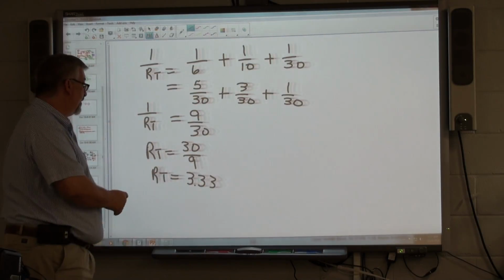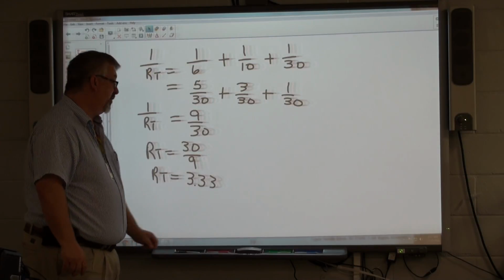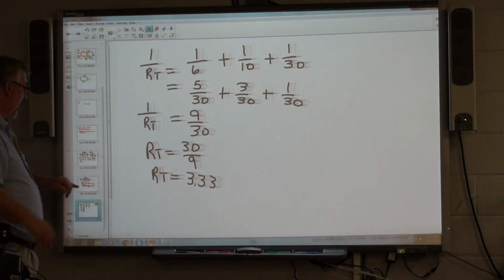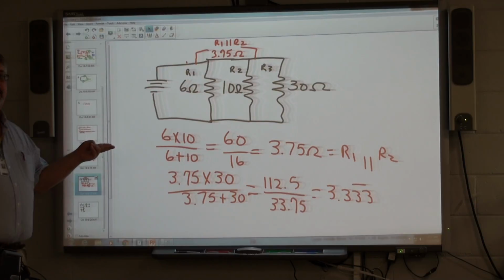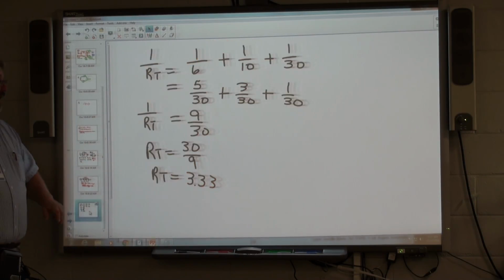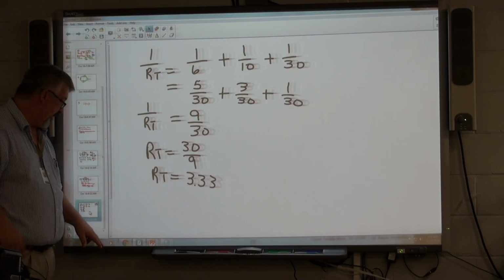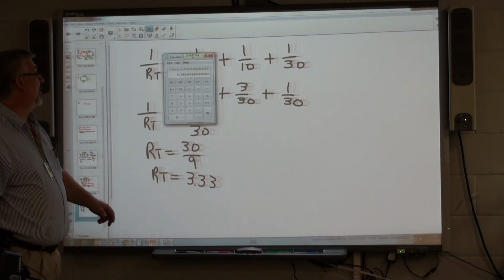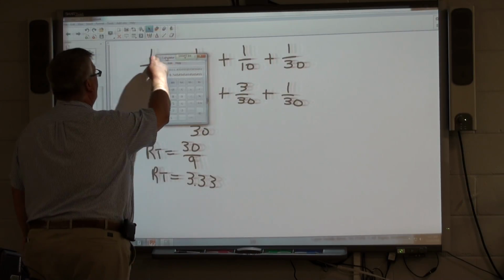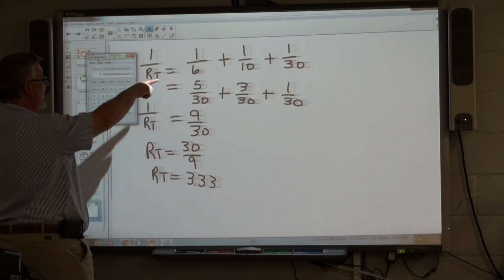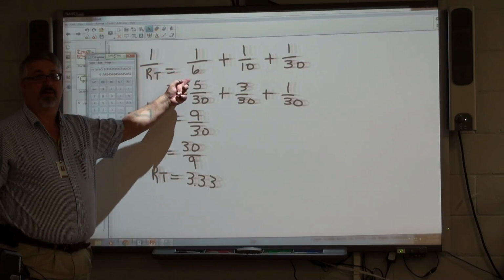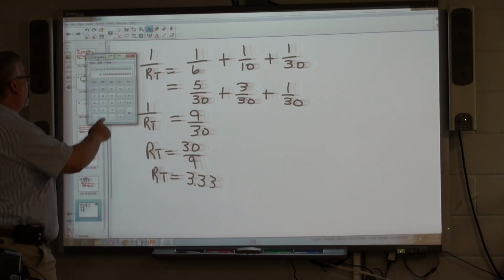Now, it's a two-step process, seemingly, no matter how we do it, or fairly complex. Because we have to do two at a time and then do the third, or we have to come up with this same common denominator mess that we don't necessarily like doing. Or if you love math, you might enjoy it. But we can also do it with a calculator. I'm going to do this formula with a calculator.